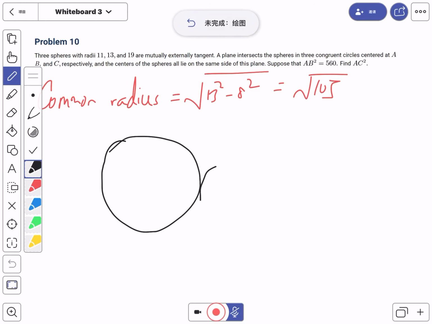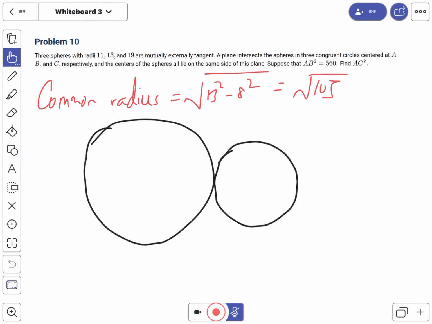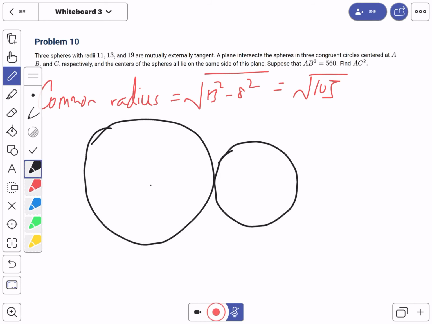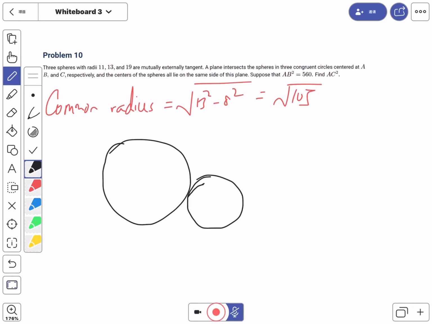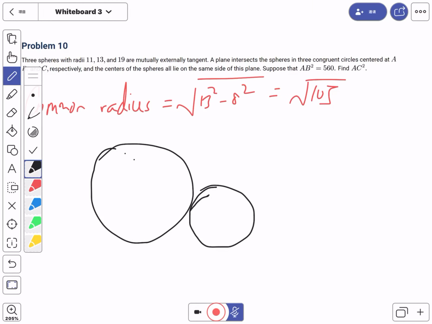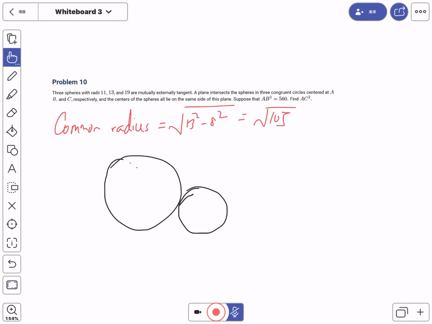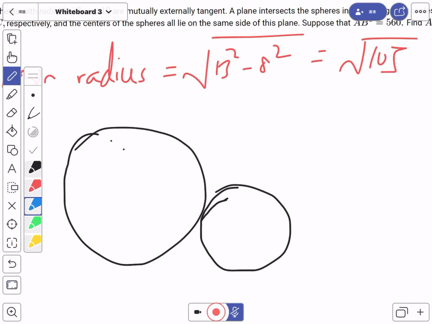We have a sphere over here and we also have a sphere over here. Let me zoom this in. We're going to connect the two centers again. And we're also given that it's cut through by a line, right?